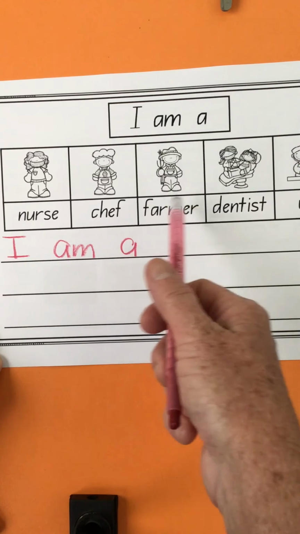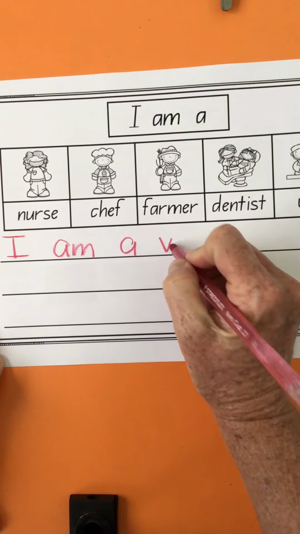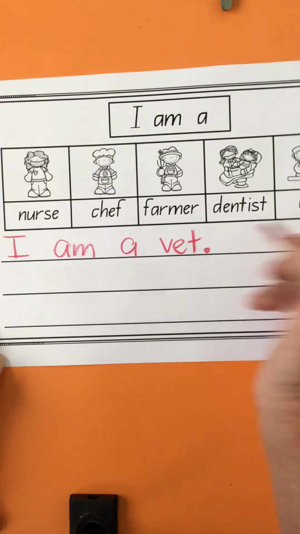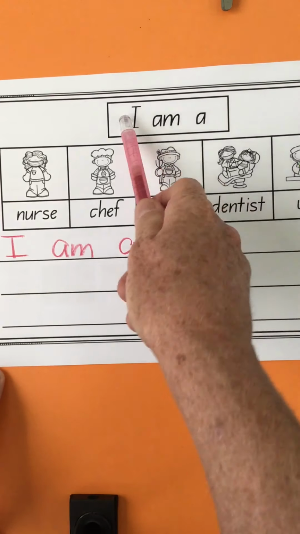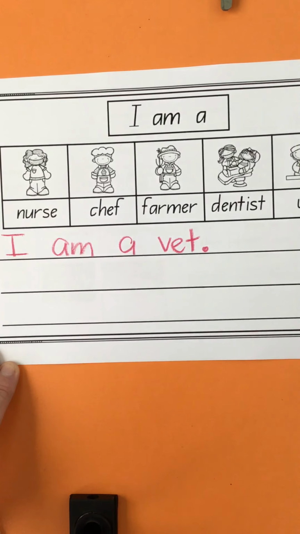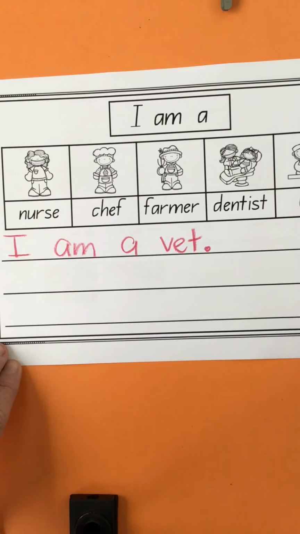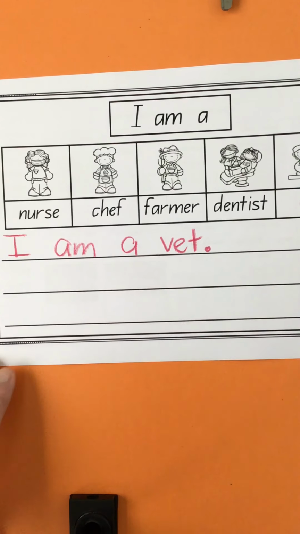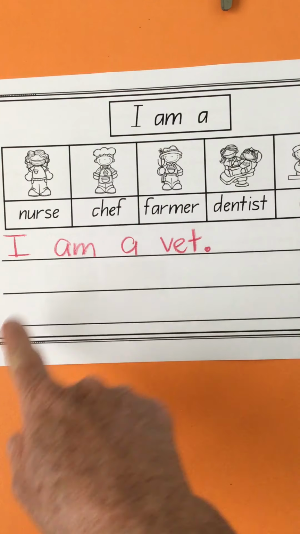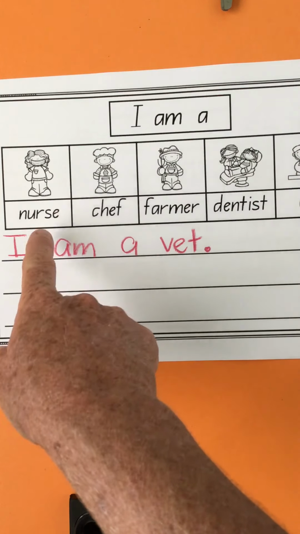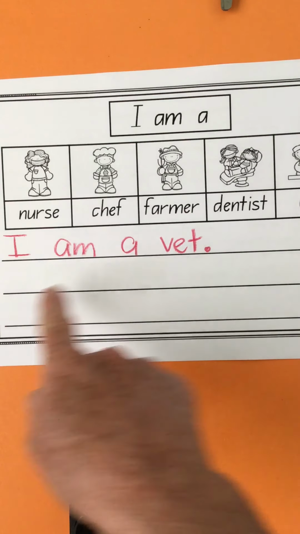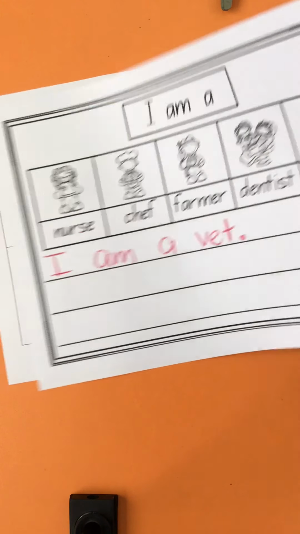What do they want to be? They want to be a vet. Full stop. Making sure they put their finger spaces. They can copy those words. Those are their sight words. They should be familiar with them at least. They might need help with their formation, and that's okay. They choose three. So I am a vet. I am a nurse. I am a dentist. They just write those three sentences on those lines.